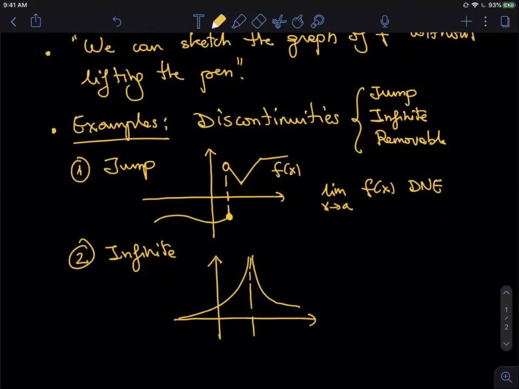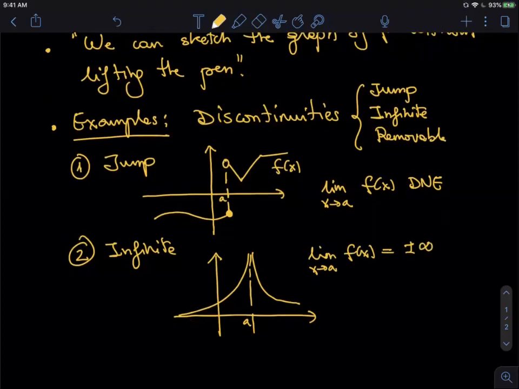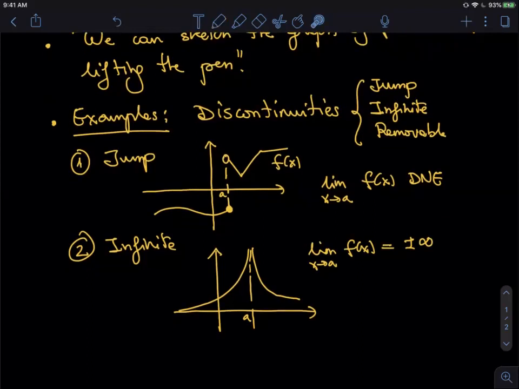So here at the point a, the point a in the definition, the limit as x tends to a of f of x is infinity or minus infinity. So you see that here it kind of jumps from one side to the other of x equals a.